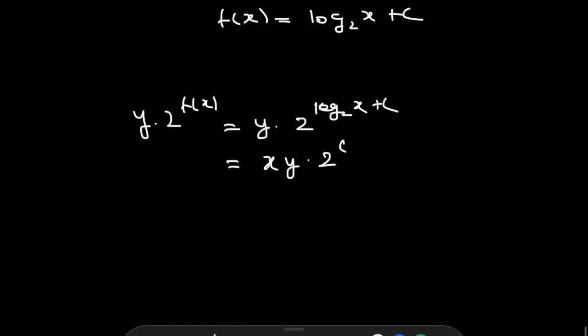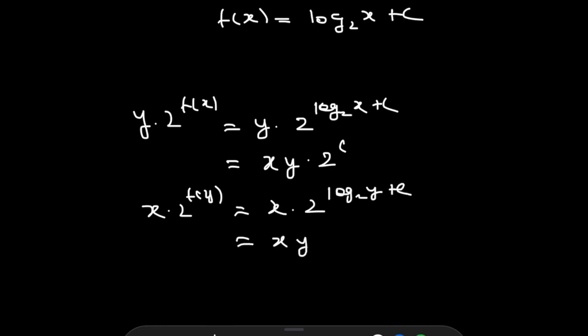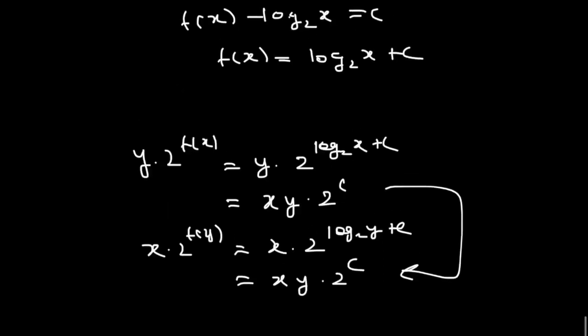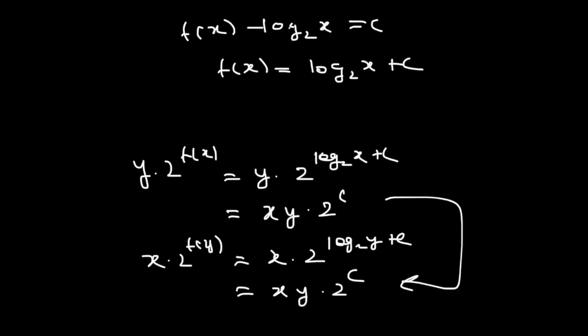And now we check that this equals the other side, so x times 2 to the power of f of y equals x times 2 to the power of log base 2 of y plus c. So we end up with xy times 2 to the power of c. So these two are equivalent. This means that f of x equals log base 2 of x plus c is a valid solution. So we're done with this problem.